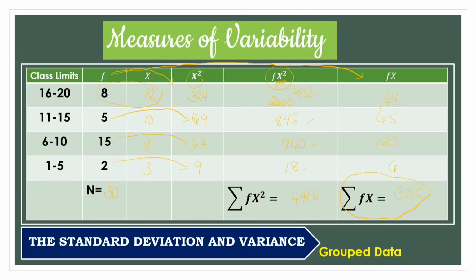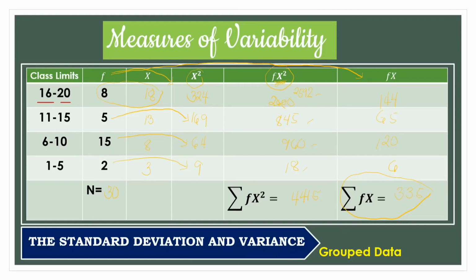So when you answer the activities, simply construct a table: x for the class mark, x squared for the square of the class mark, f times x squared, and then f times the class mark. First, to get the class mark, we simply add our lower limit and upper limit for each interval. Or you may count.